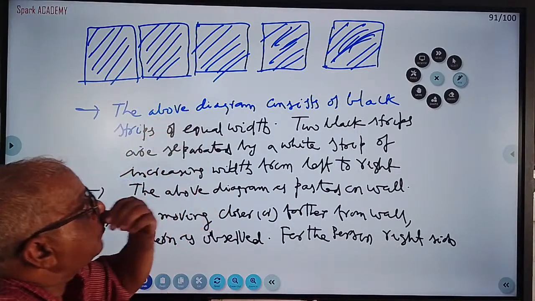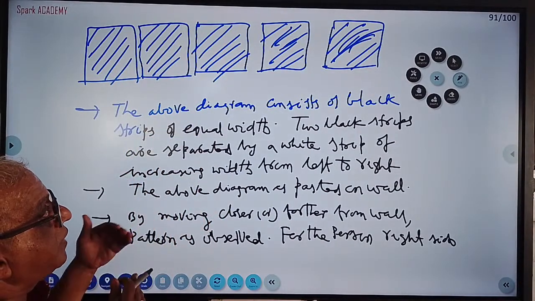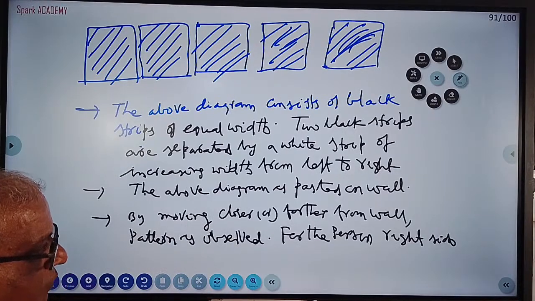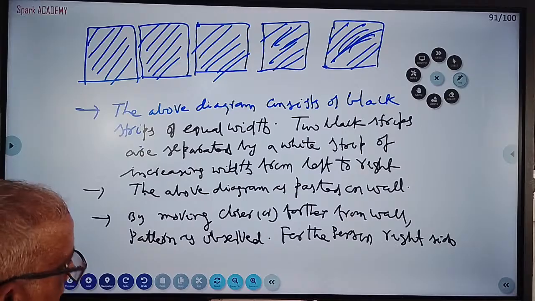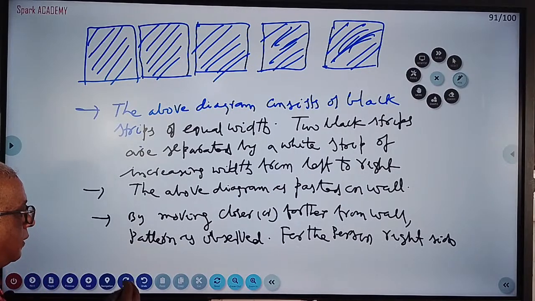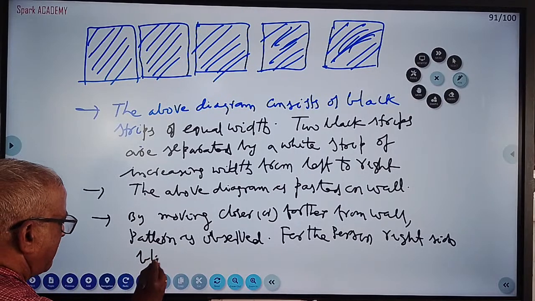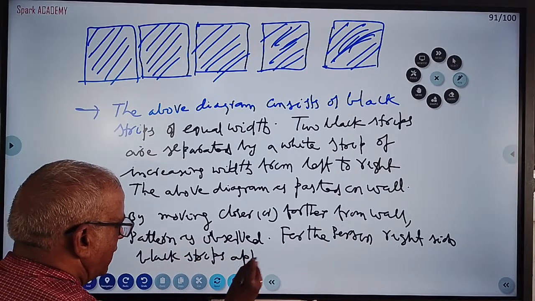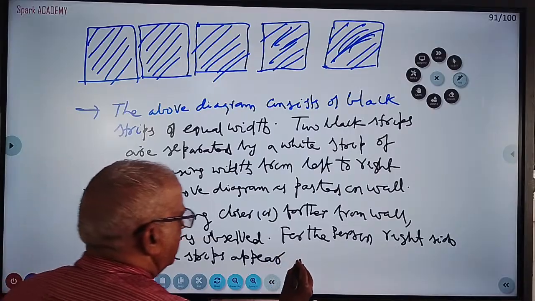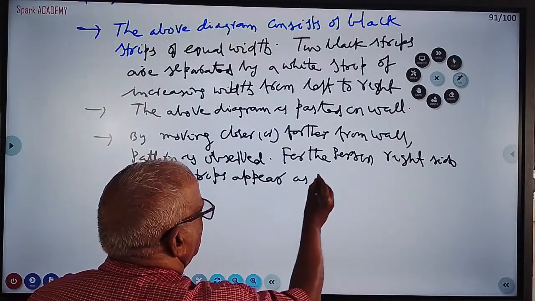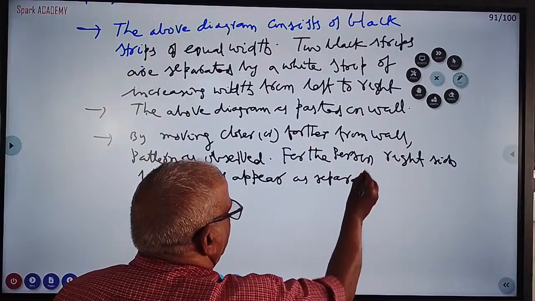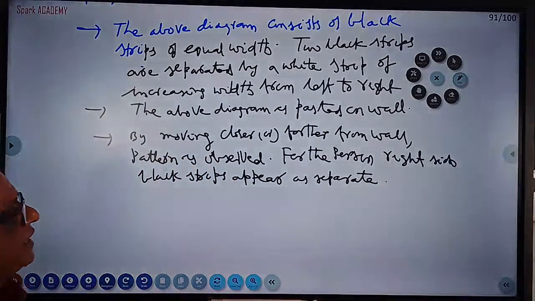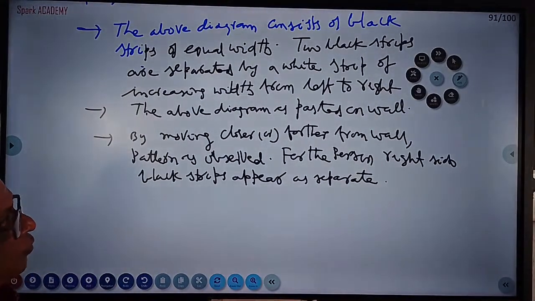As you move closer or farther from left to right, for the person on the right side, the black strips appear clearly as separate. This is the experiment you are doing to find resolving power.